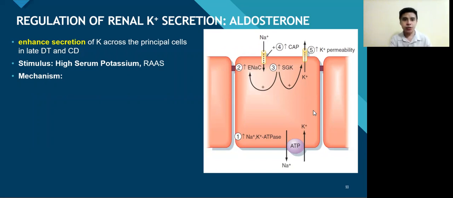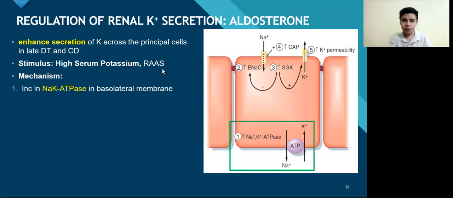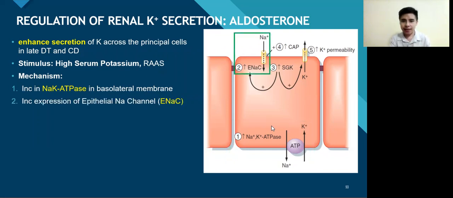How? So the stimulus for aldosterone is high potassium and the angiotensin aldosterone system. So what's the mechanism? First, it will enhance the sodium potassium ATPase, always, so that there is more potassium inside the cell. And then aldosterone will enhance the expression of this channel for sodium reabsorption.